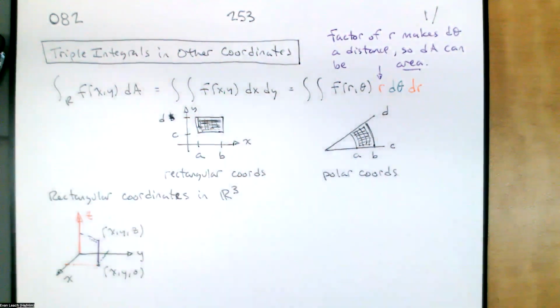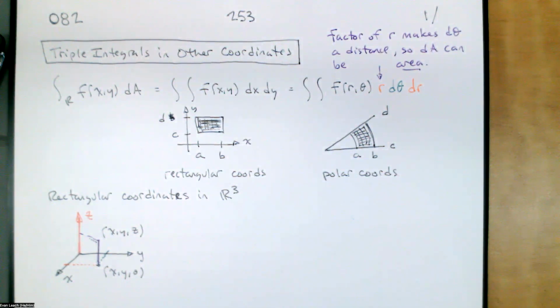So that the point x, y, z will just be right above the point x, y, 0. We're just taking the x, y coordinates that we're familiar with and putting a z-axis perpendicular to it.